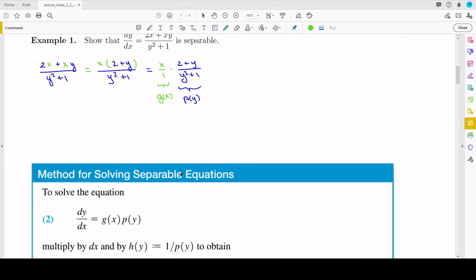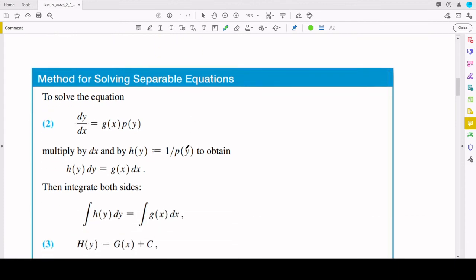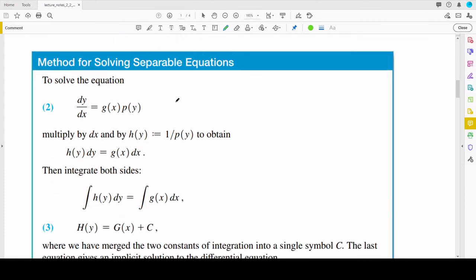So now let's talk about the method for solving separable equations. To solve an equation dy/dx = g(x) p(y), we're going to multiply both sides of the equation by dx.